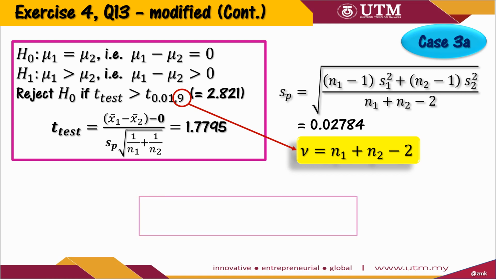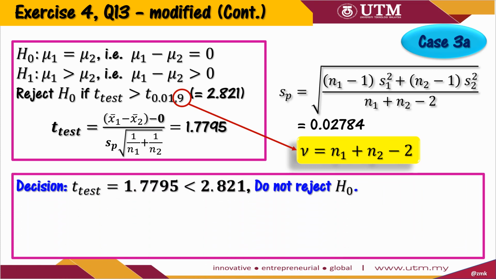Now, we can compare the t-test value with the critical value 2.821. We can clearly see that the t-test value is 1.7795, which is much smaller than 2.821.